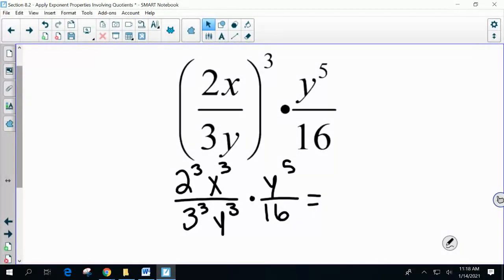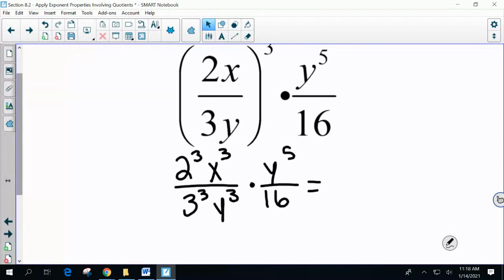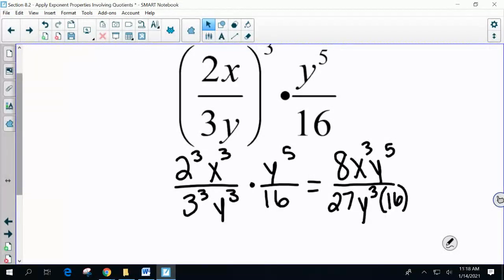So I need to go through and simplify that. 2 to the third equals 8. So I'm going to combine them all together. So 8x to the third, y to the 5th, over, and then 3 to the third equals 27. So 27y to the third times 16.